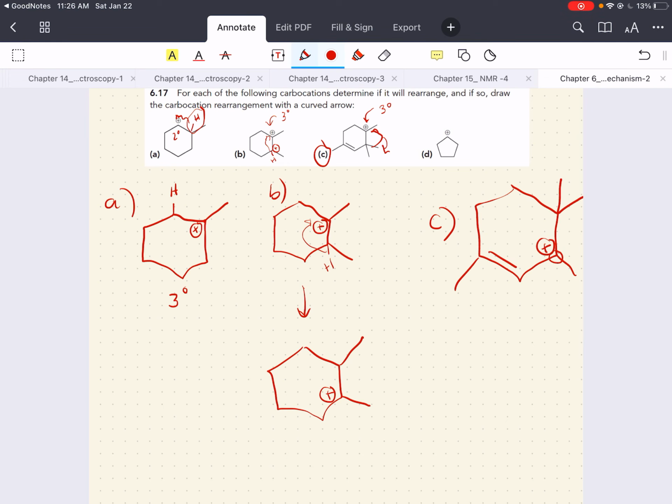this position. Now, it's still a tertiary carbocation, but it's a little more stable. Why? Because we have a double bond right here to stabilize this positive charge even more. This is resonance stable now. We can move the double bond over here and form a carbocation on this side.